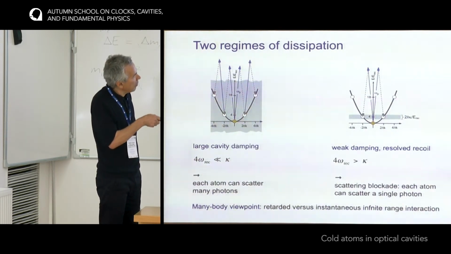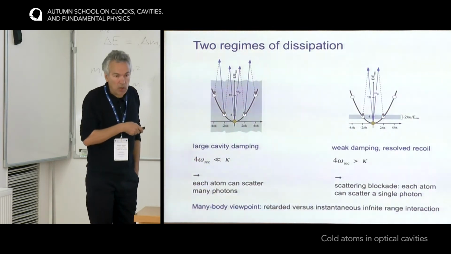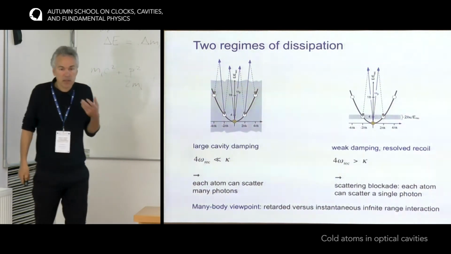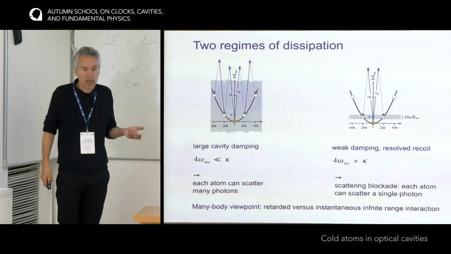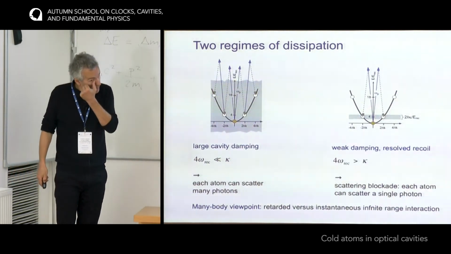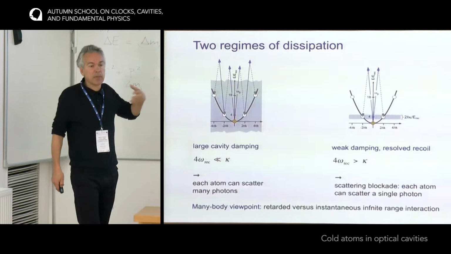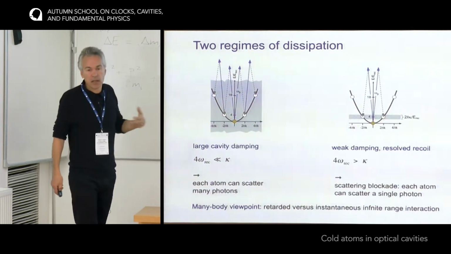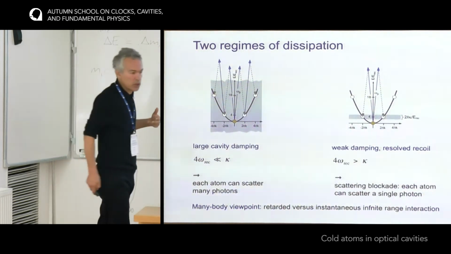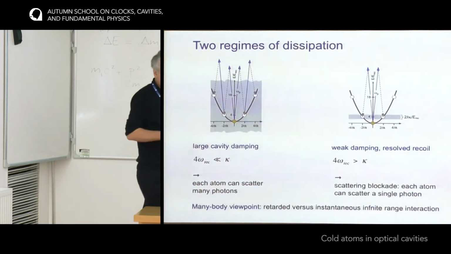And if you make one scattering process, then the next scattering process is not possible anymore because the cavity does not support this process resonantly any longer. And in that sense, there's a blockade of scattering after a single photon has been scattered. The atom cannot anymore scatter a further photon. That's the situation where we operate in.